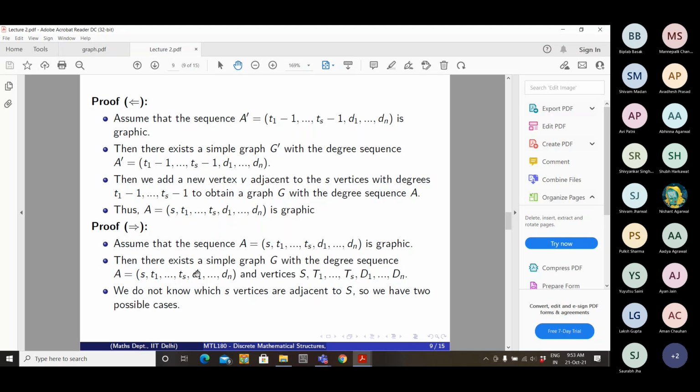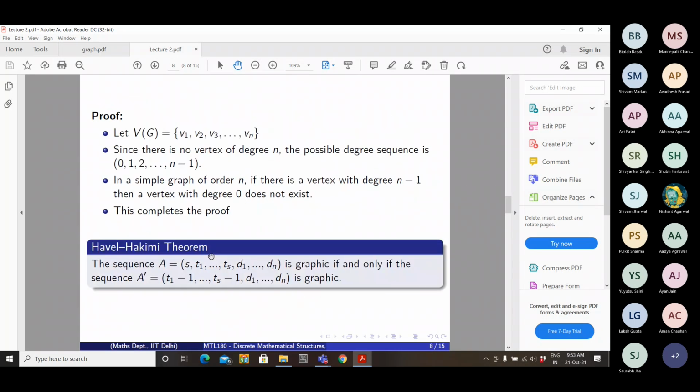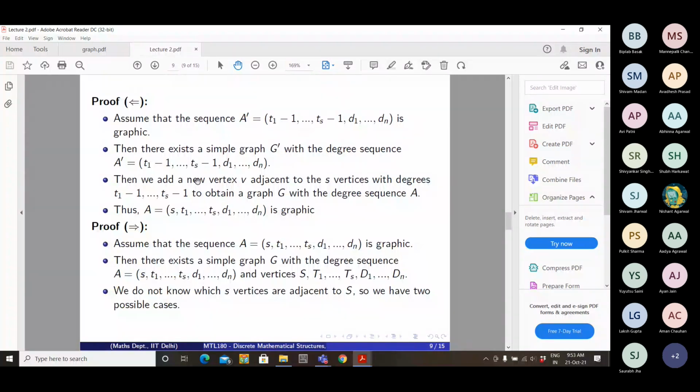Okay, so now let's look at the proof. First we prove the backward direction: if A dash is graphic, then A is graphic. Suppose A dash is graphic. By definition there is a simple graph G dash with the degree sequence A dash, that is T1 minus 1 and so on up to Ts minus 1, and then D1, D2 up to Dn.